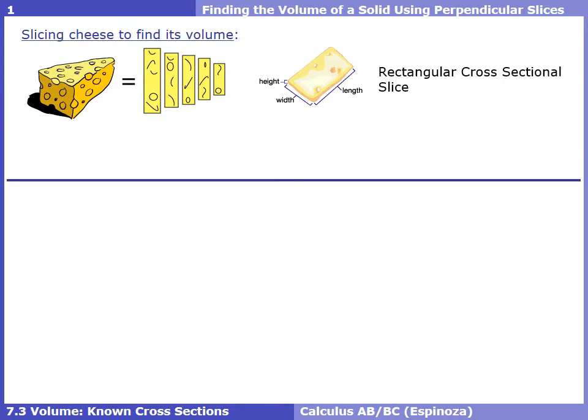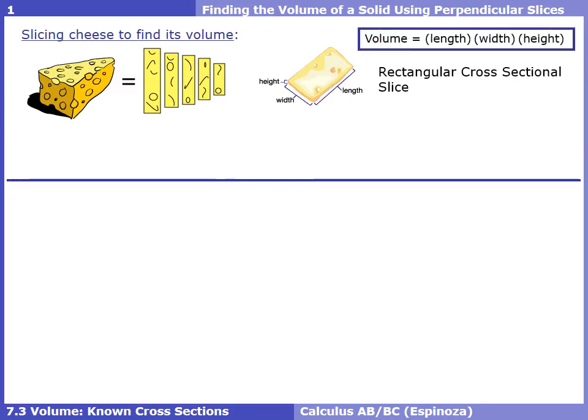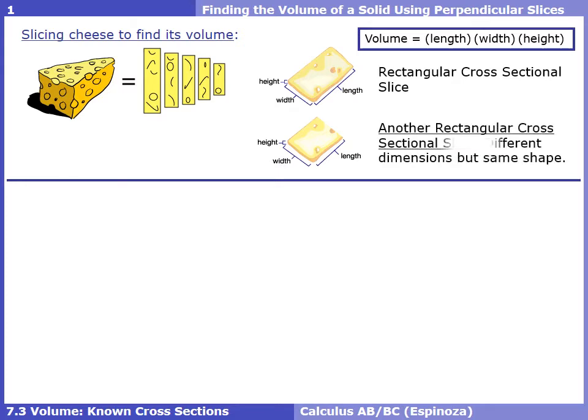So in this particular case, we have rectangular cross sections, and we could find the volume of each of those cross sections. The volume of a rectangular prism is just the length times the width times the height. And we could do that for every one of these slices. This is just another rectangular cross-sectional slice, but the key to realize is that it has different dimensions, but it is the same shape.